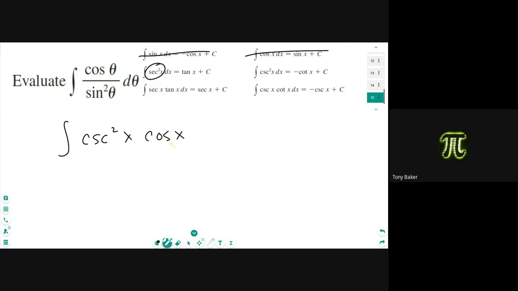But now I have multiplication, and we still don't have rules for multiplication. So that's probably not going to work, because it's not going to come out to be one of the two nice multiplication ones I have here. So can I get it to be one of these two?